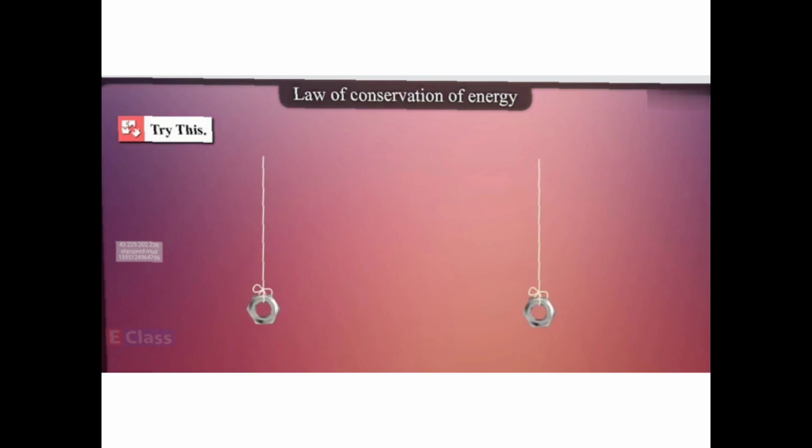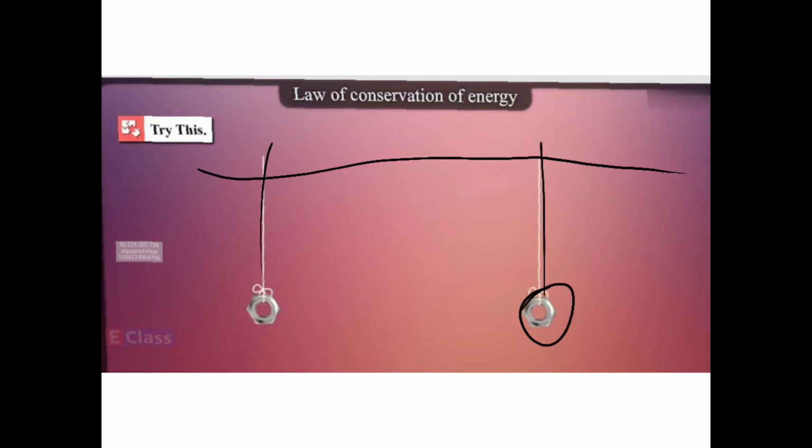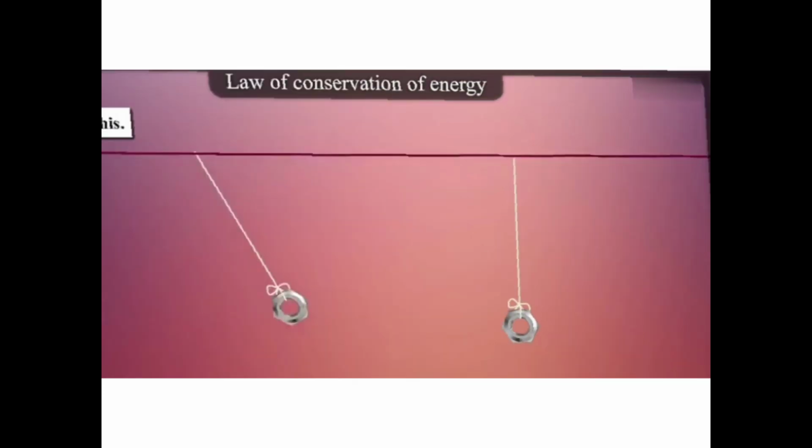Now this particular activity is cancelled for you, but I'm just quickly saying, take one string. Here we have one string, in that you attach two strings with the nut. Then you give a jerk to only one string having the nut.